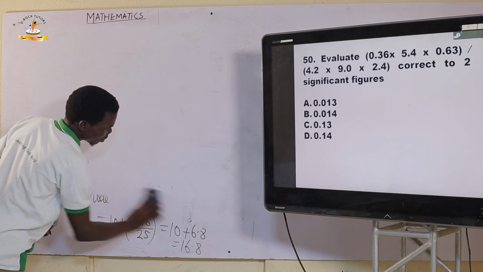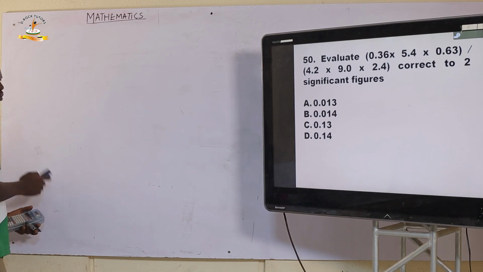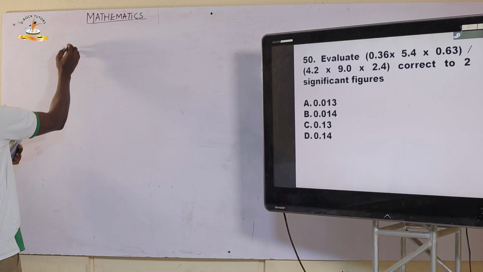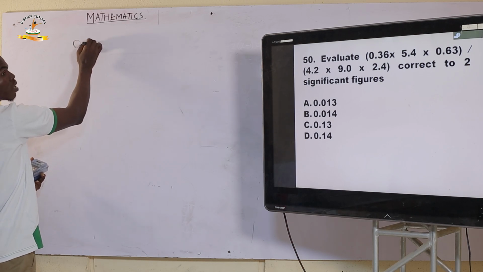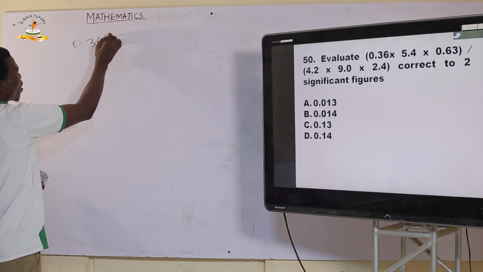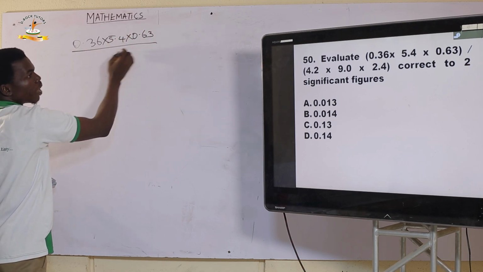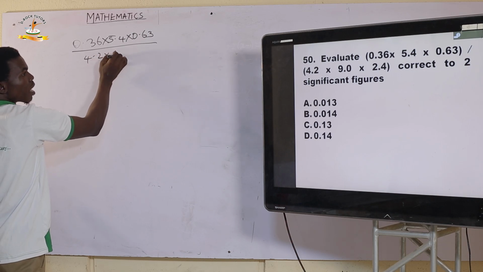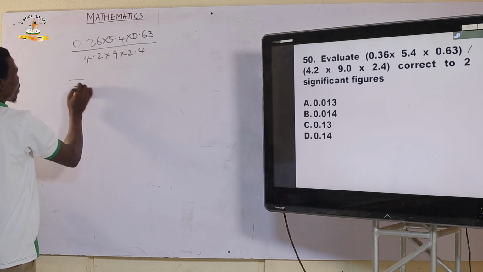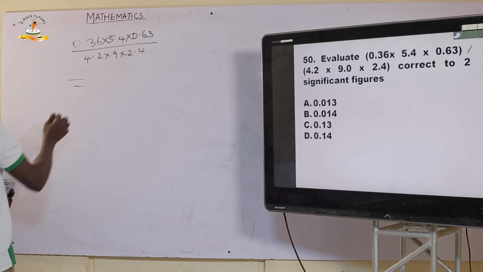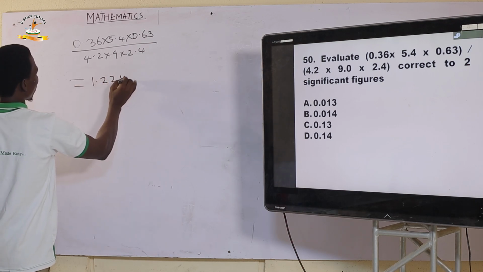So let's do just that. So it's going to be 0.36 times 5.4 times 0.63, all divided by 4.2 times 9 times 2.4. We bring out our calculator and we can do that. 0.36 times 5.4 times 0.63, and this is going to be 1.22472.